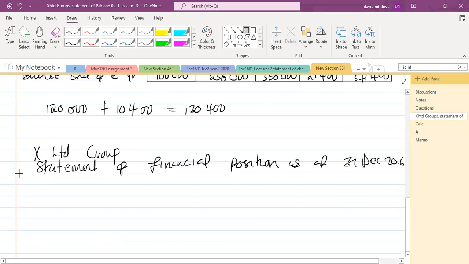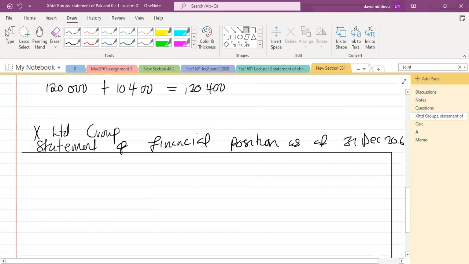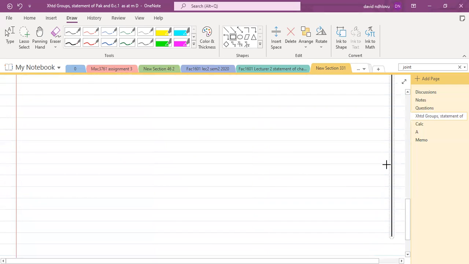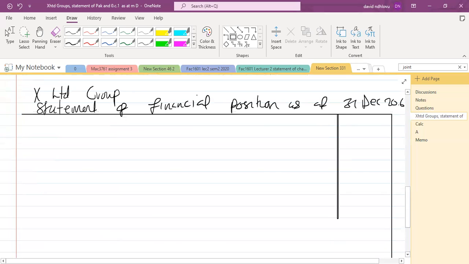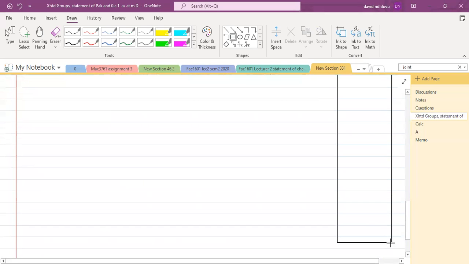Right, the statement of financial position, the structure is as you know it from before, from the 2601 or 1601 module.